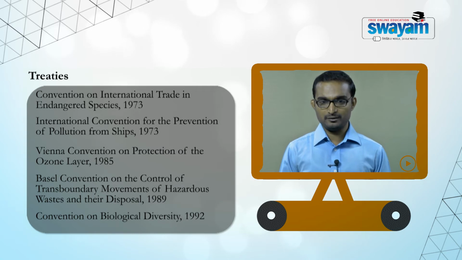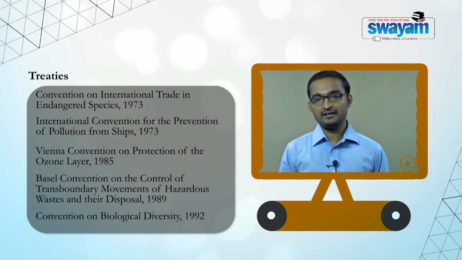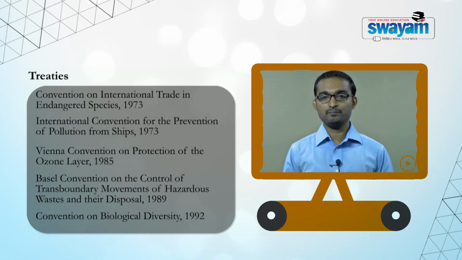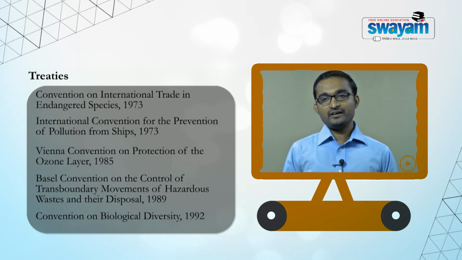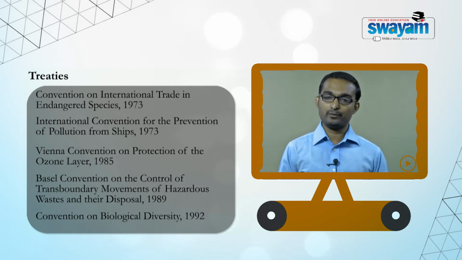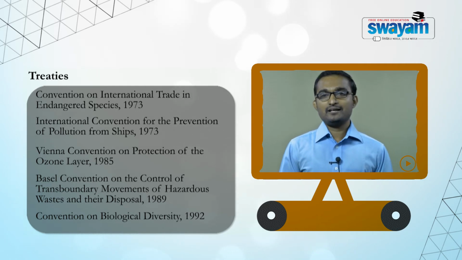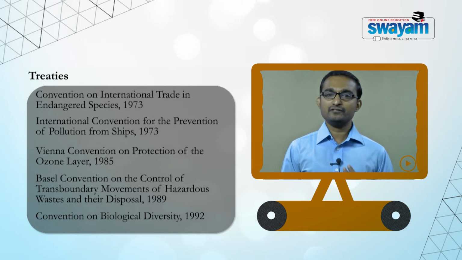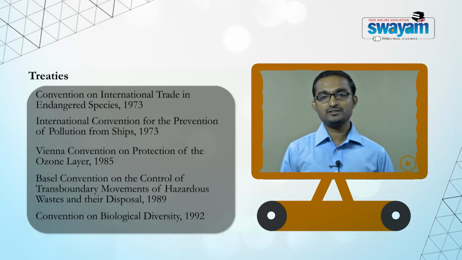These are a few examples, and there are innumerable treaties addressing different environmental issues. So let's try to identify some of the common features or approaches from these examples. We can see that all these multilateral environmental agreements follow an issue-based approach. All these treaties address a specific issue.